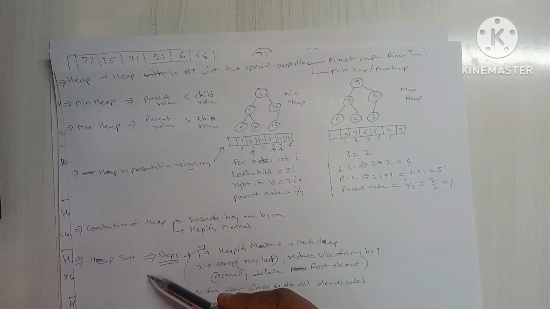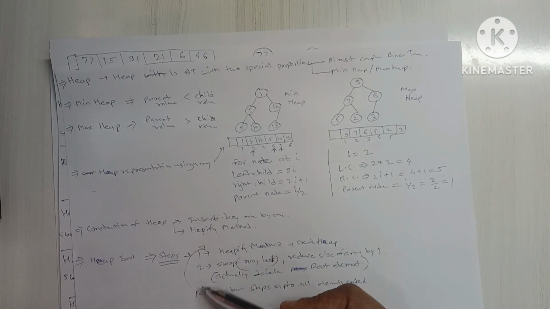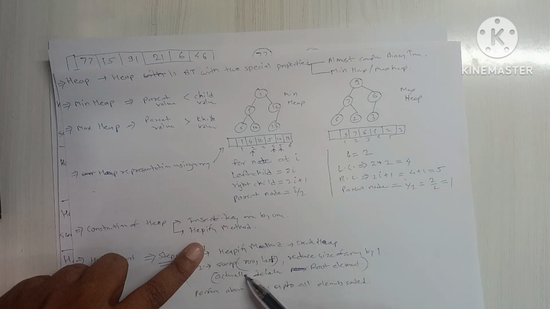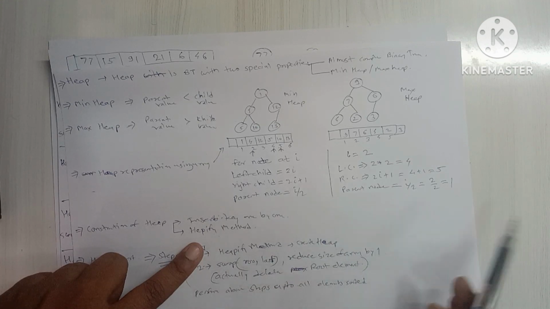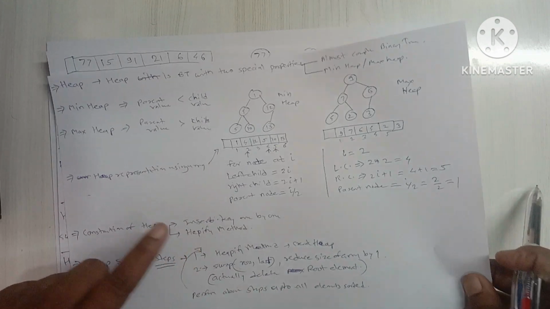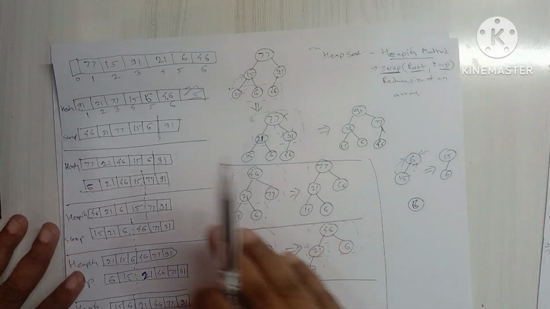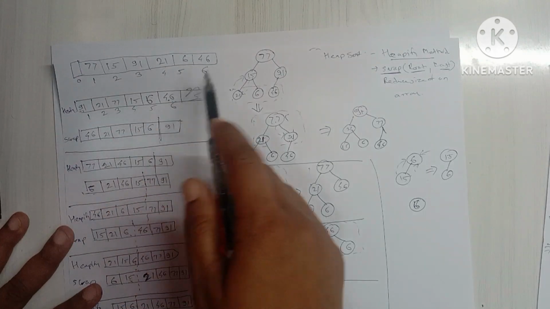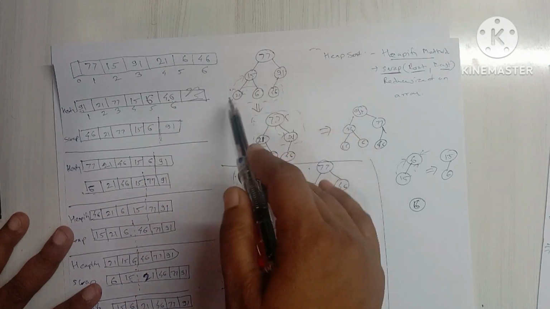In heap sort, two steps are there. We need to perform these two steps until all elements are sorted. First is the heapify method: we need to apply it and create a max heap. Then swap the root with the last element and reduce the size by 1. This is actually the deletion process. This is an example of it. Here is the representation, level by level from left to right.